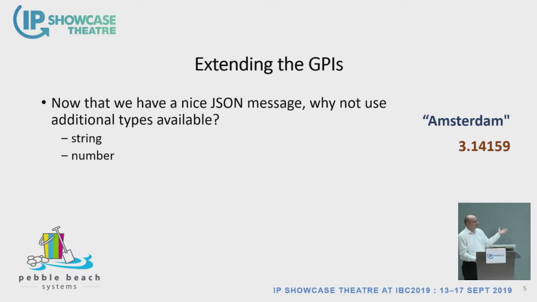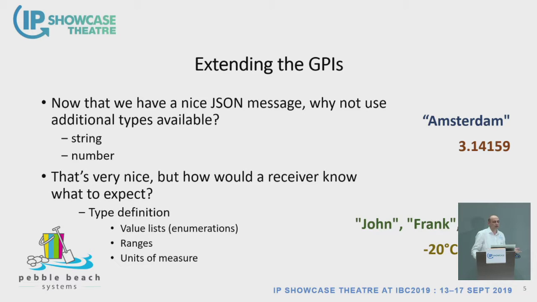So we started with GPIs, but we now have a very nice JSON message, and JSON is capable of carrying other data types. So strings and numbers were added to be carried as well. We now can transmit more information.